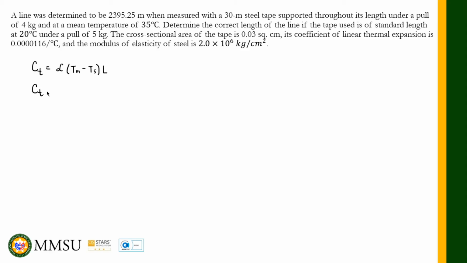Okay, let us substitute the given. So C sub t is equal to, alpha is the coefficient of linear expansion, given yan, so that's 0.0000116 per degree Celsius.